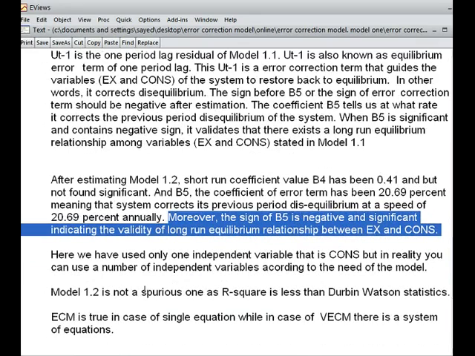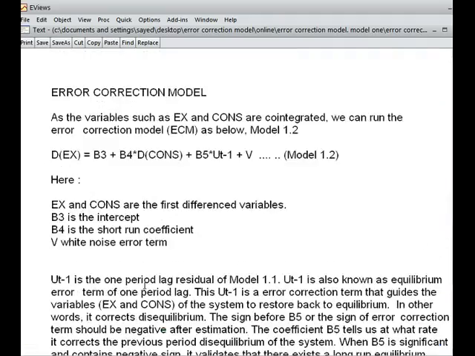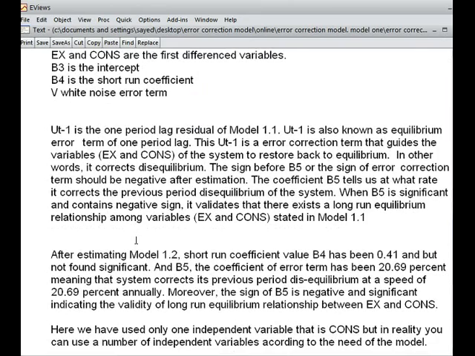So B5 is significant and negative, and the value is 20.69%, at which it is correcting its disequilibrium.